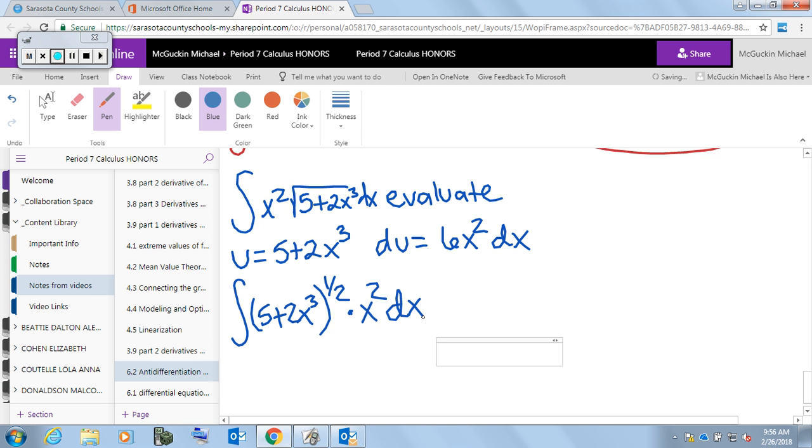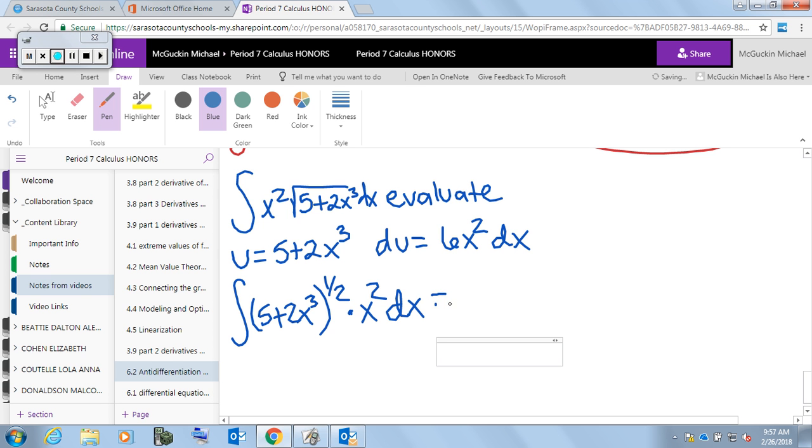The reason I want to write it like that is because up top we have x squared times dx, and now down below we have x squared times dx. The only difference is that coefficient in this case of 6.